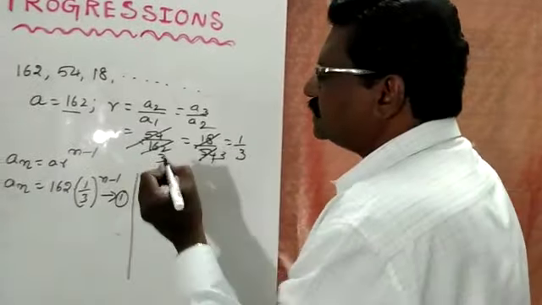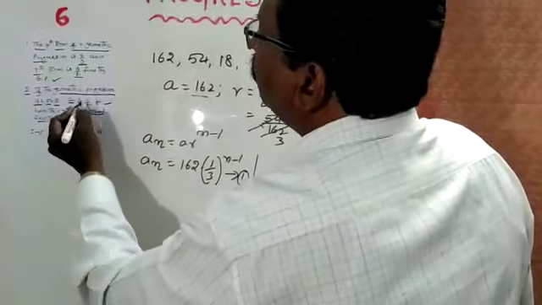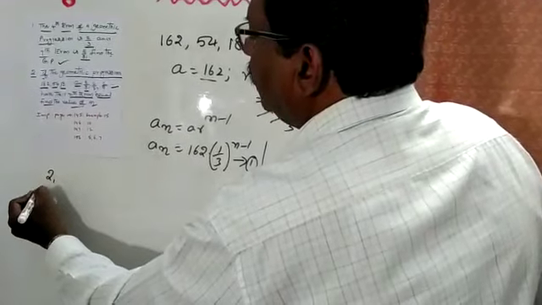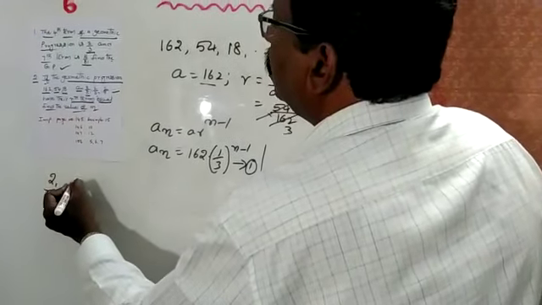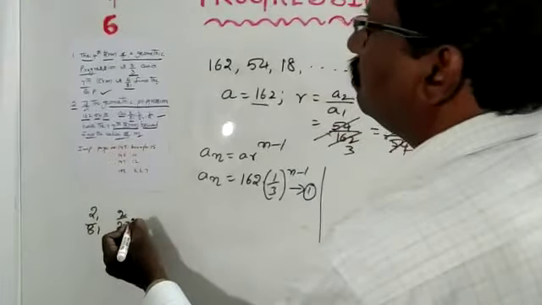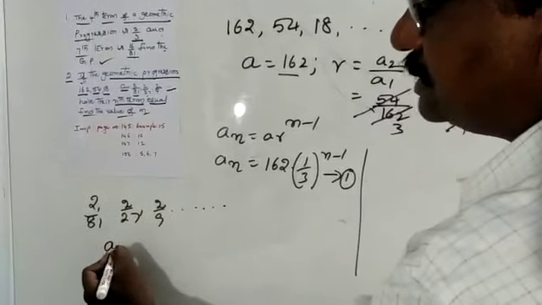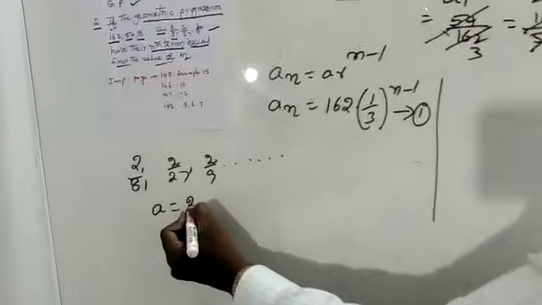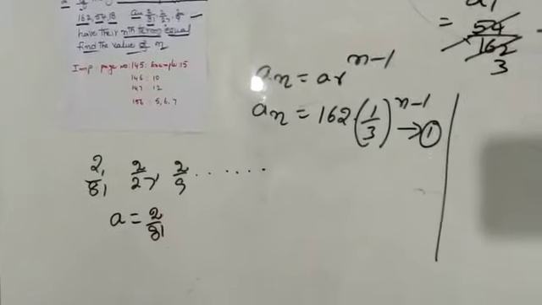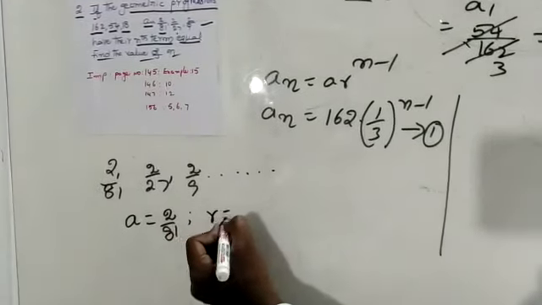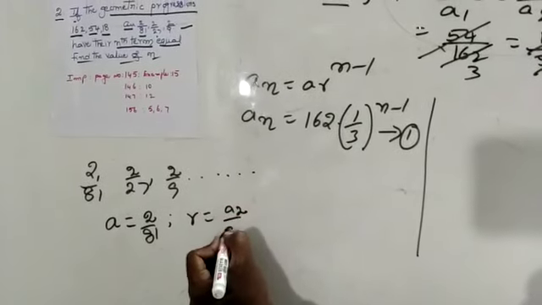And the second series, what does he give, the second one? We had observed here 2 by 81 comma 2 by 27 comma 2 by 9 comma and so on. Here A is equal to 2 by 81. Next R is equal to A2 by A1.